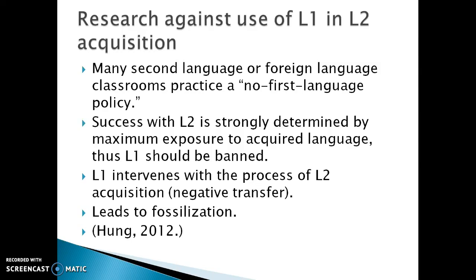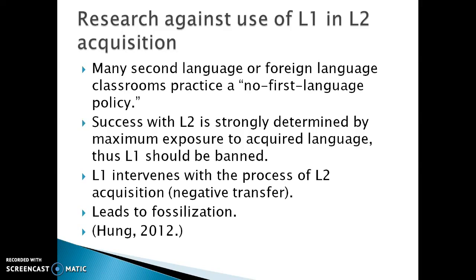In the past, many researchers believed that the L2 acquisition classroom should possess a no first language policy. Proponents of this policy believe that success with L2 is strongly determined by maximum exposure to the acquired language. Thus, L1 should be banned. They also believe that L1 intervenes with the process of L2 acquisition.